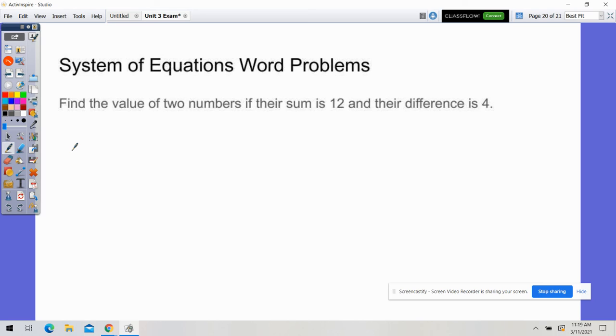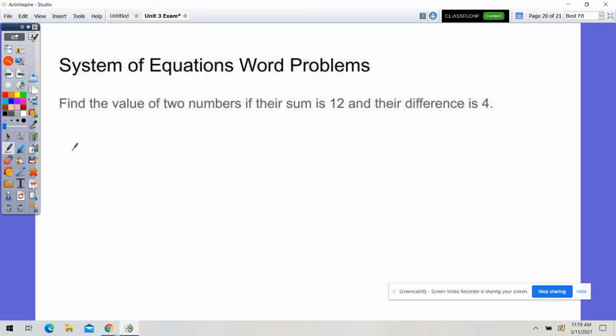Lastly, system of equations word problems. We're going to do one type of word problem, and you guys are going to do one that's very similar to this. Find the value of two numbers if their sum is 12 and their difference is 4.